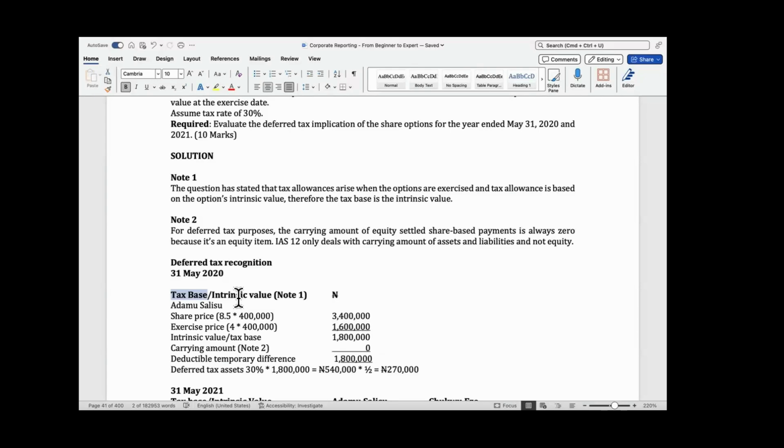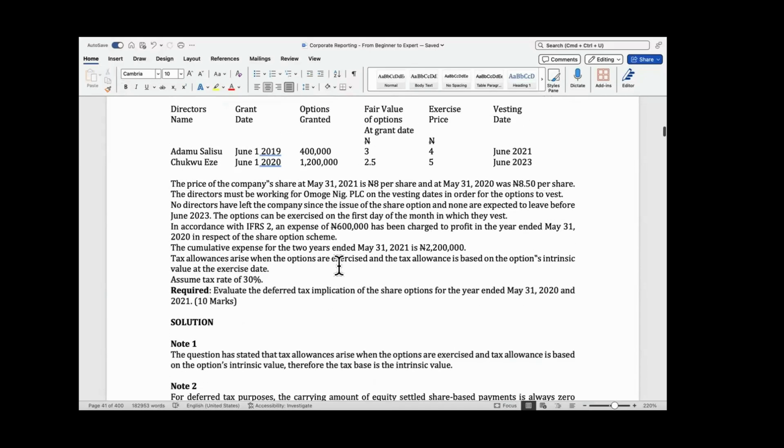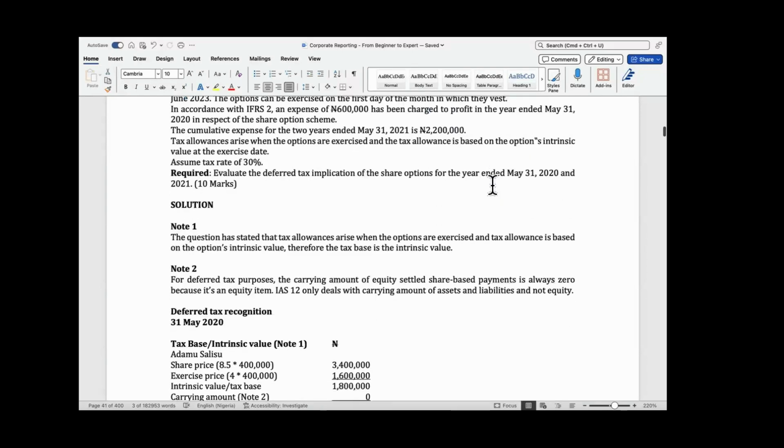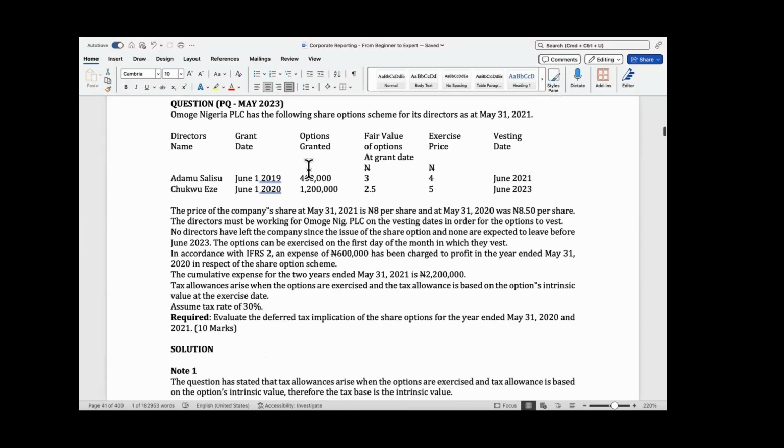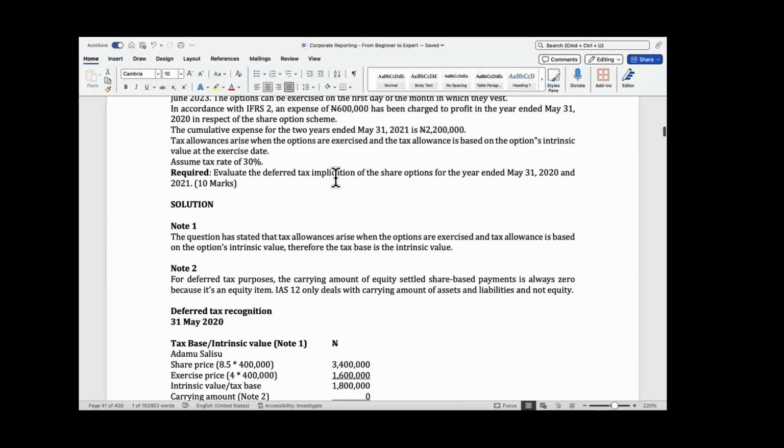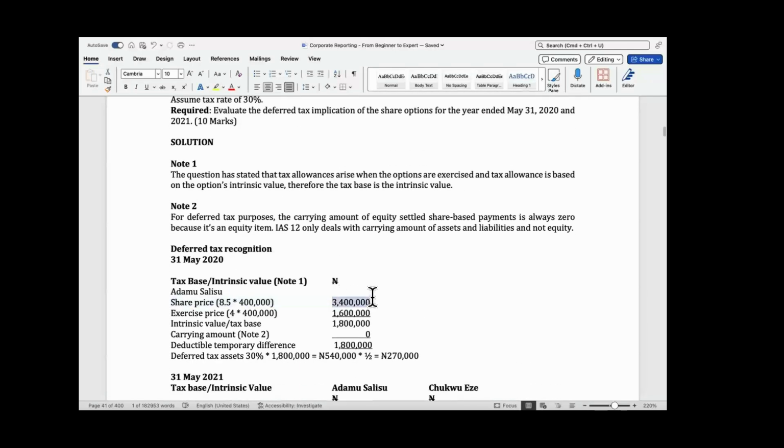The share price of this company at the end of the first year is 8.5 naira, which they gave me here. I multiply that by the number of options to Adamu, which is 400,000 options. That gives me 3.4 million.